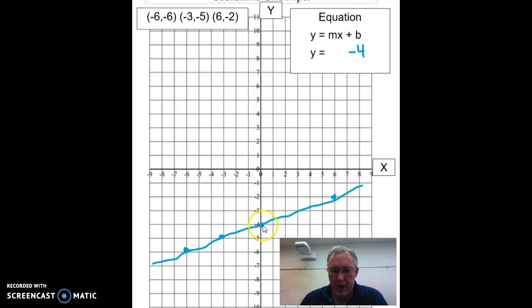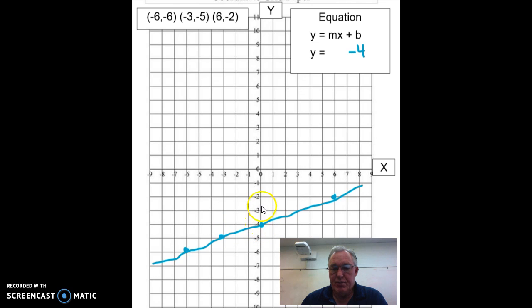And now we need to determine the slope. I like to use 2 points that are close to each other that are on the line. The first 2 points are right here, close. I could also go from this second point to where our line crosses the y-axis.